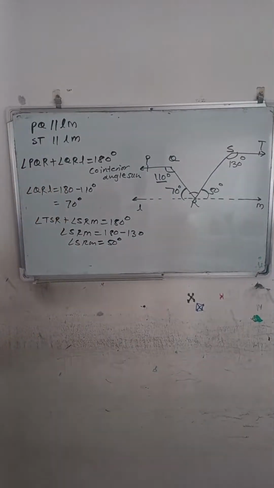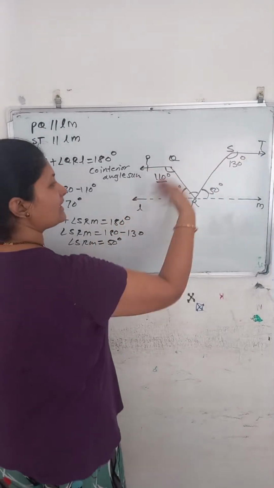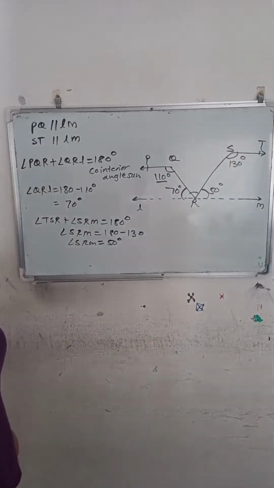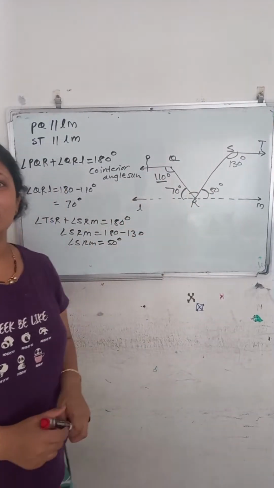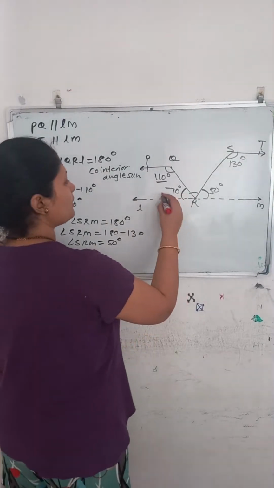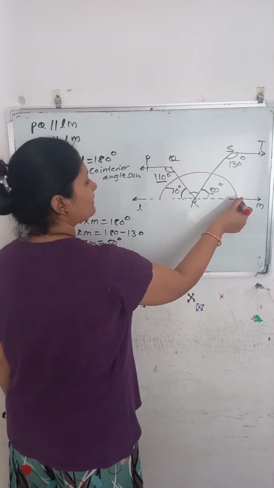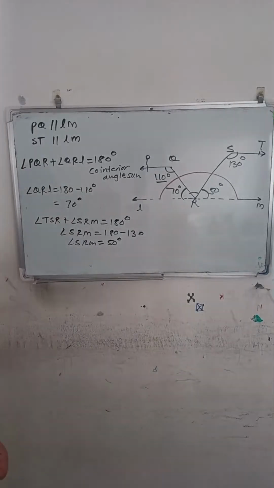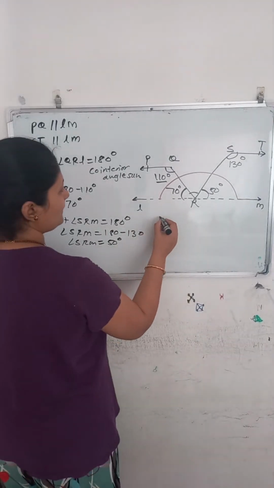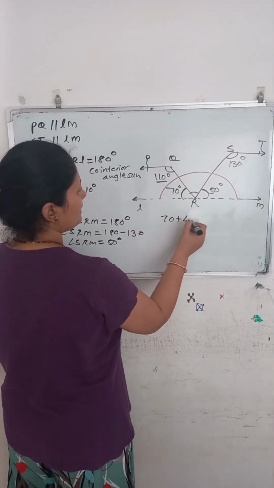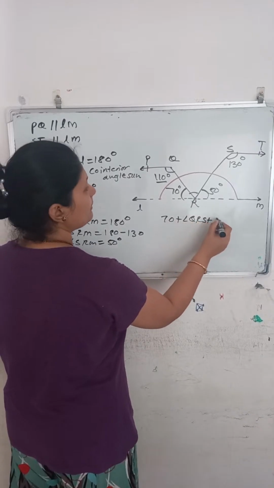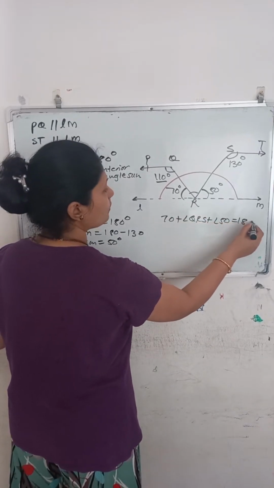Now see, instead of QRS I got the remaining two angles, so now we can calculate QRS. Now it is very easy. Why is it very easy? Because these three angles are in a linear pair, they are forming on the same line, so their sum is 180. We can write 70 plus angle QRS plus 50 is equal to 180.